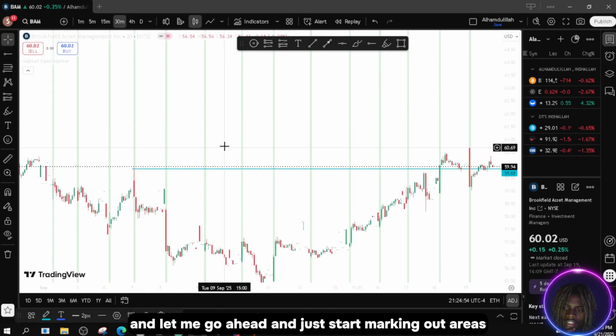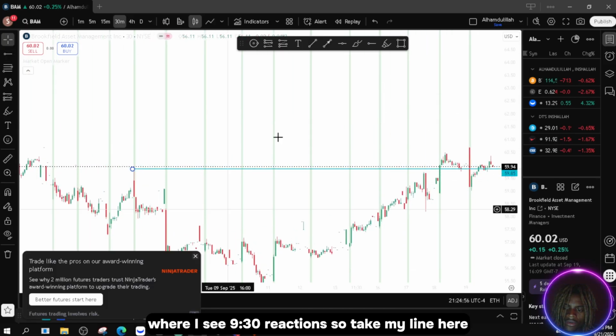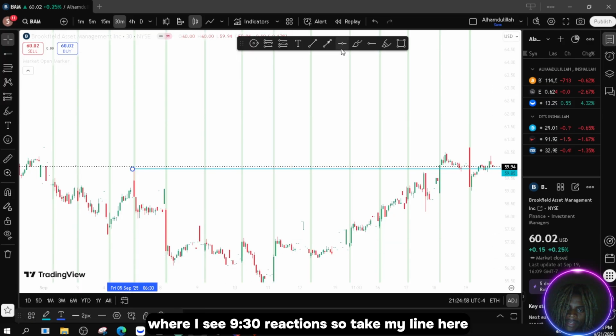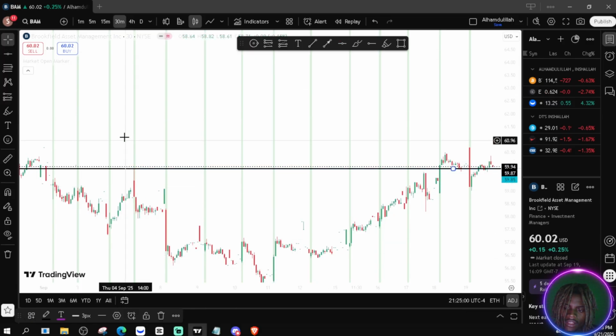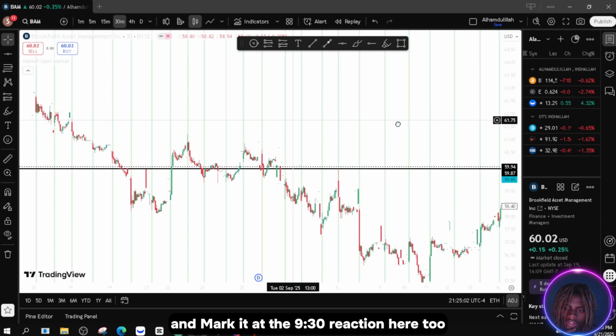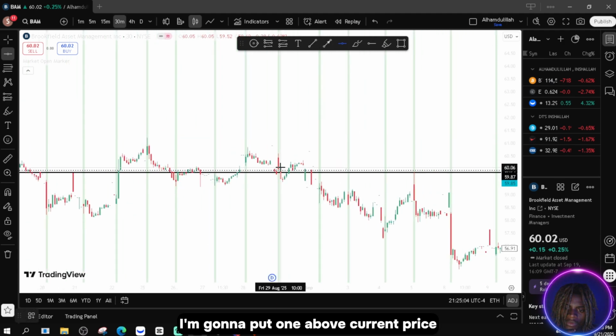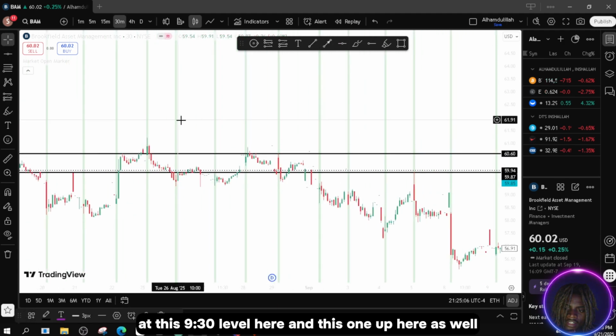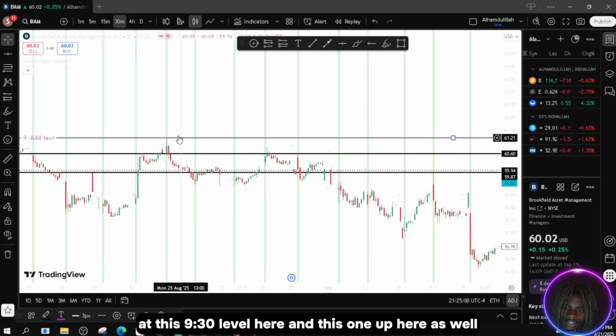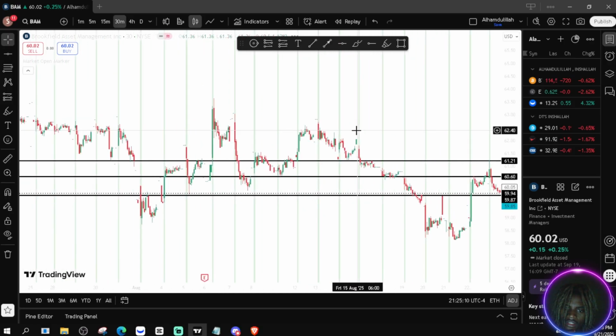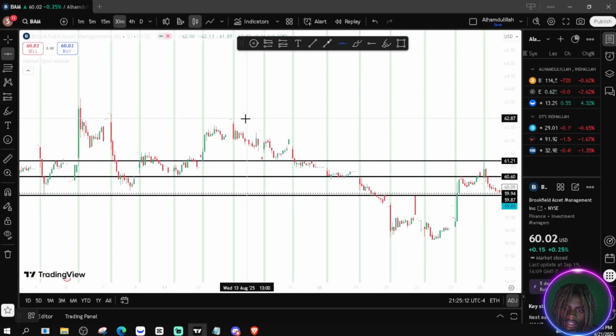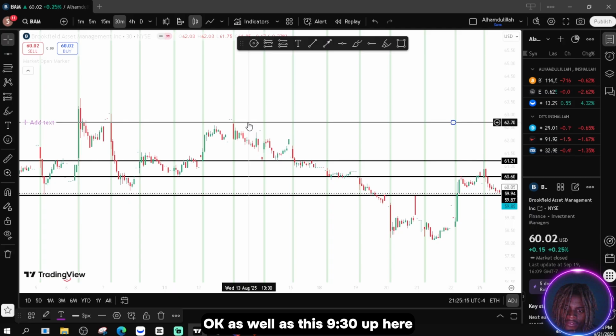And let me go ahead and just start marking out areas where I see 930 reactions. So I'm gonna take my line here and mark it at the 930 reaction here too. I'm gonna put one above current price at this 930 level here, and this one up here as well. Okay, as well as this 930 up here.